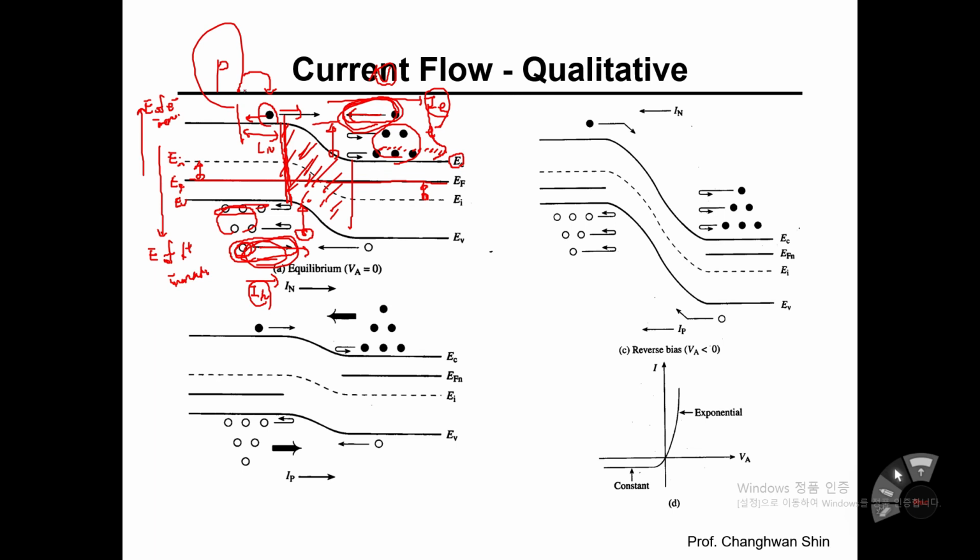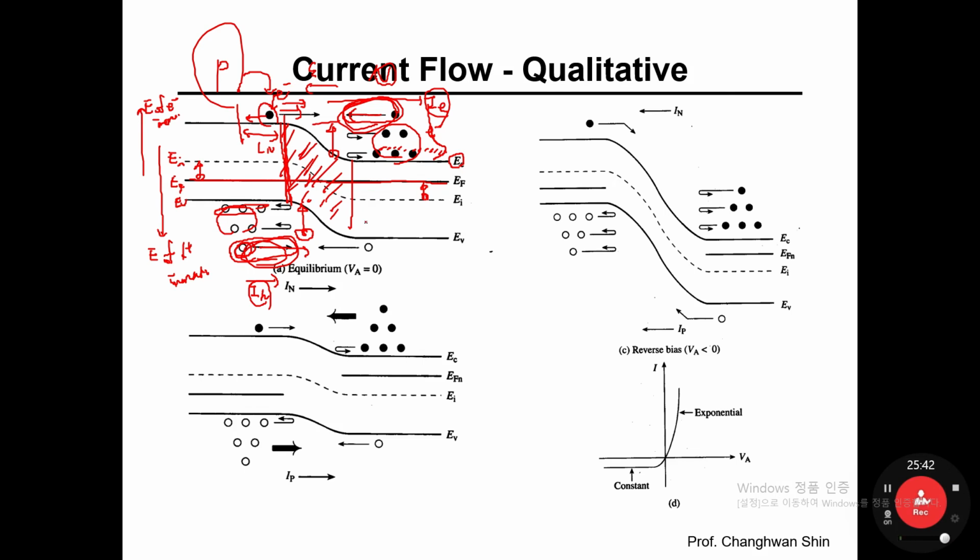So within one diffusion length, the minority carrier electrons in the p side would survive without recombination. So it is possible for these electrons to get into the depletion layer width, and because of the built-in electric field within the depletion layer width, this minority carrier electron in the p side would move by drift mechanism into the n side.